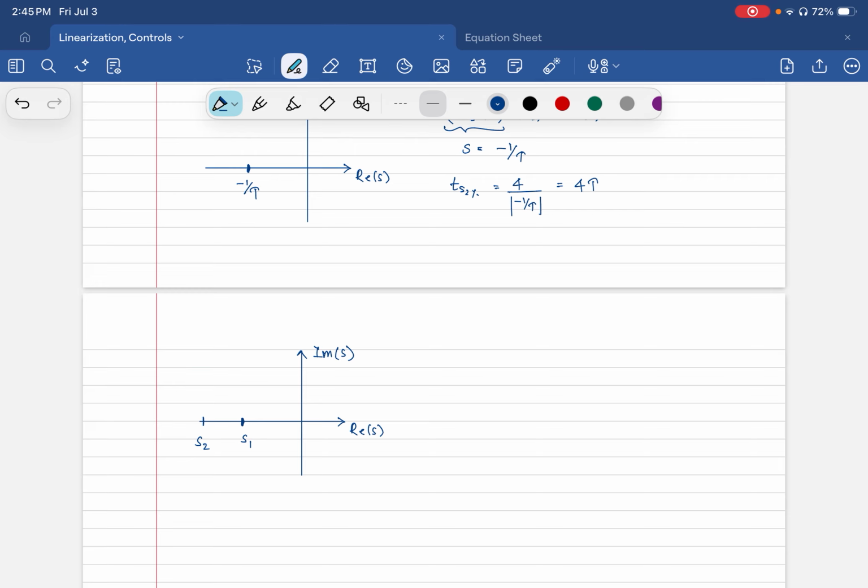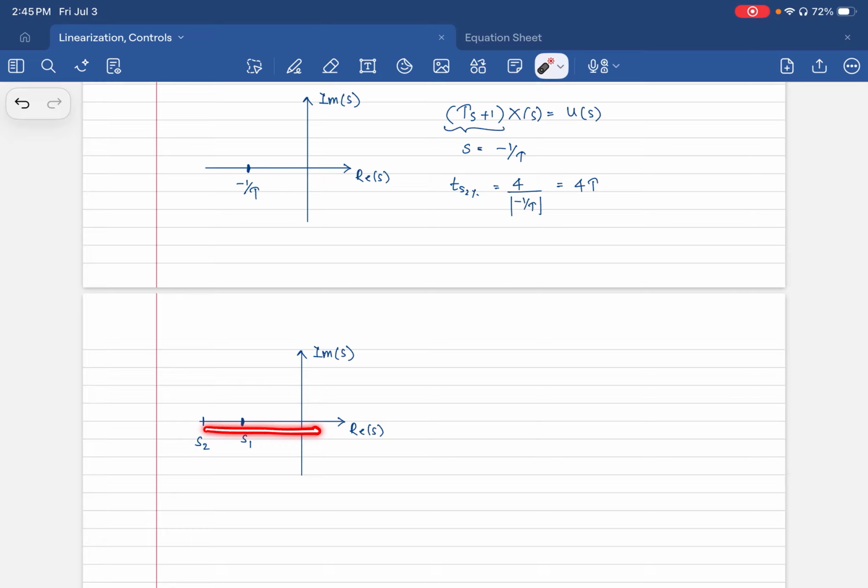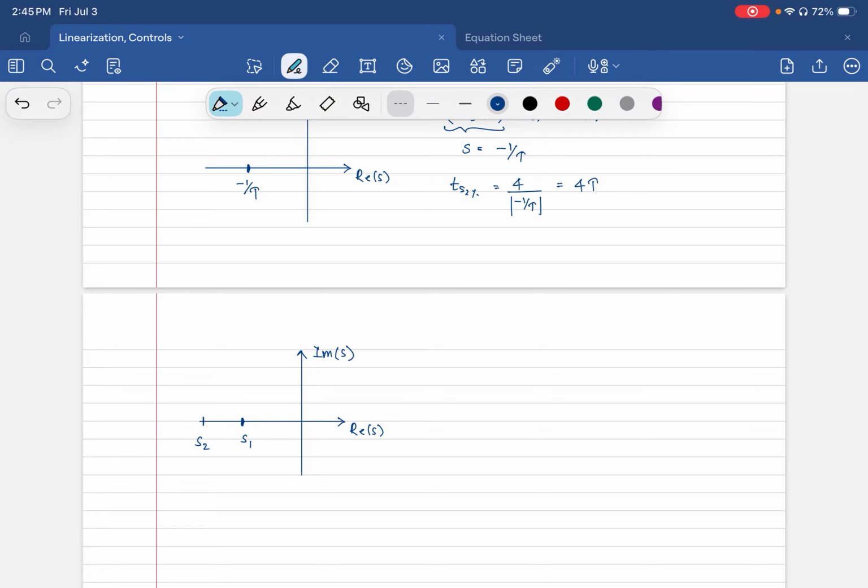First, try to recall what is the dominant root. The dominant root is the one that is having a larger real part. So the one that is in this direction, which means this here is a dominant root, right? So this one would be the dominant root, which basically means it has the slower dynamic.